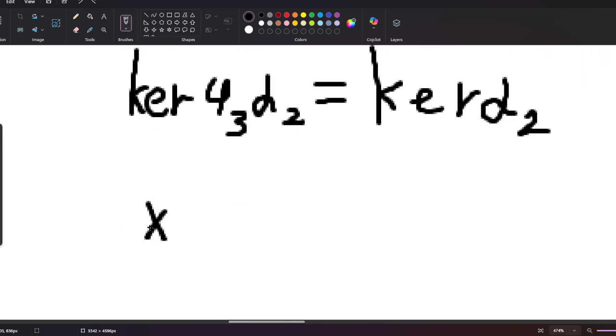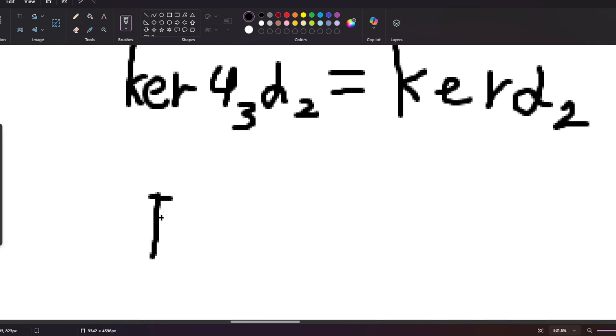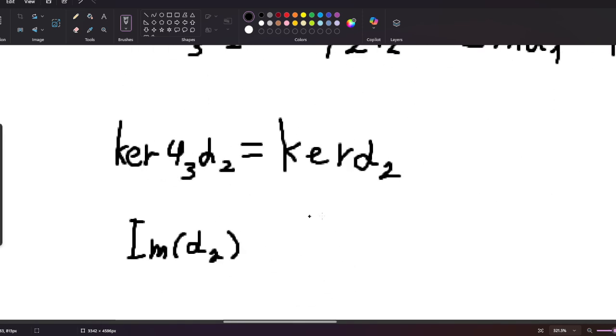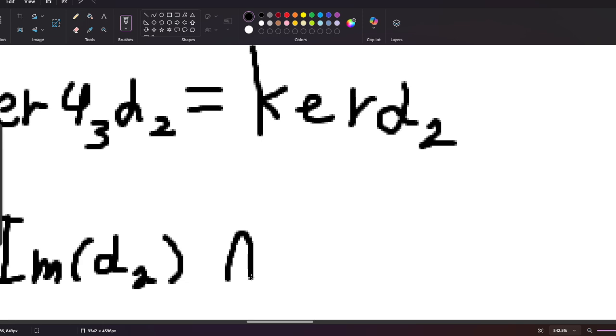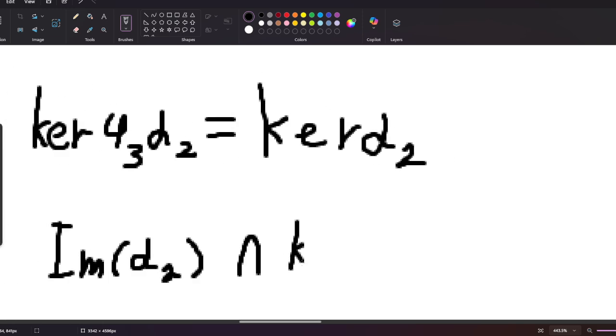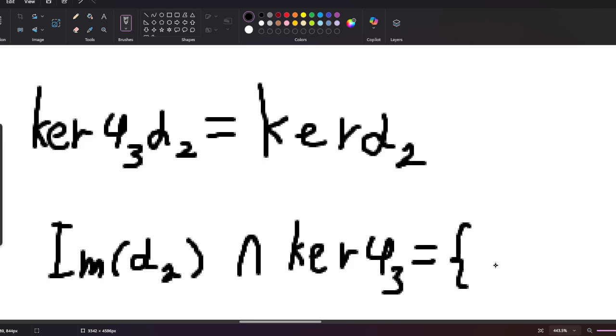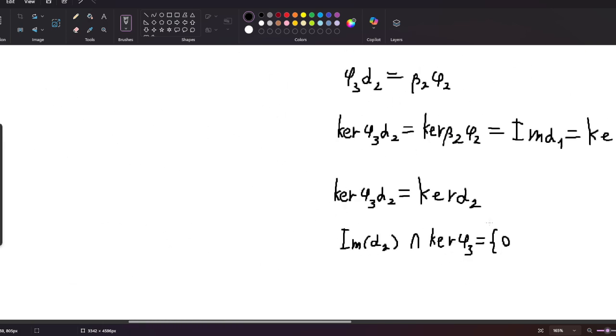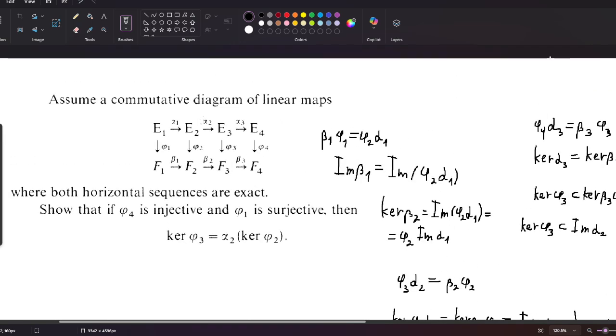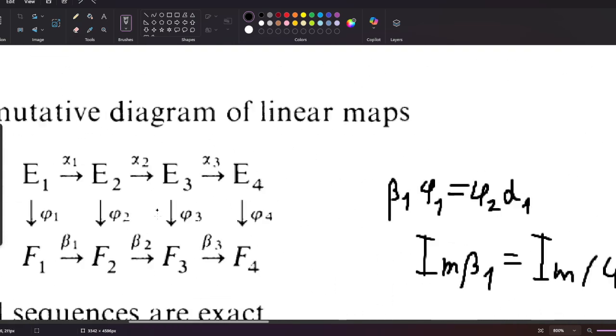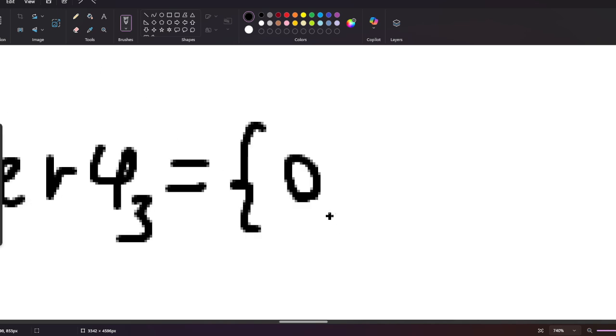That means that the image of alpha 2 intersected with the kernel of phi 3 is the set containing 0. Now let's look into what 0 we're working with. That 0 is of E3, so let's note that.